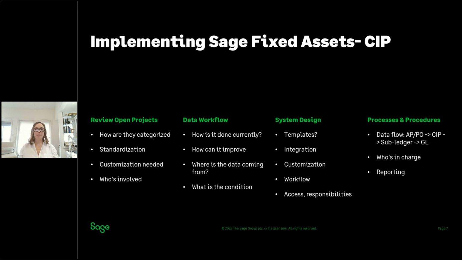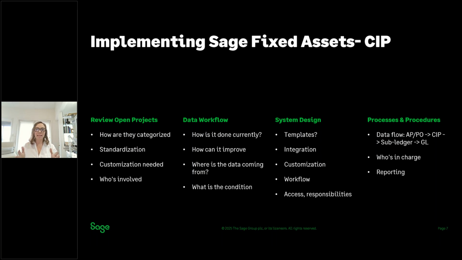So then our processes and procedures: our data is coming over and now we have this diagram of the data flowing from AP and PO, and it integrates and imports into our CIP, and we do all of our invoicing there and all of our PO there and all of our credits that we get back, and everything lives there.